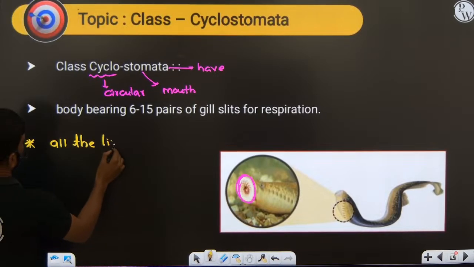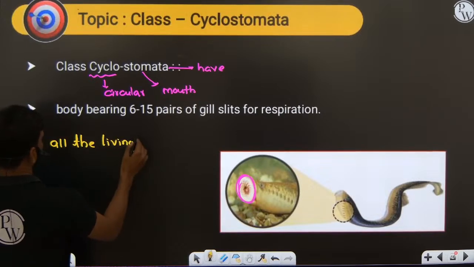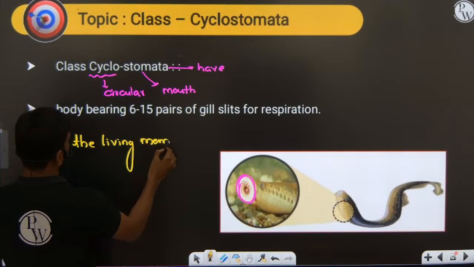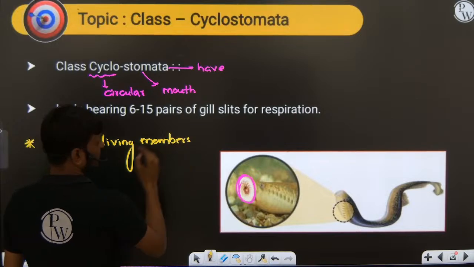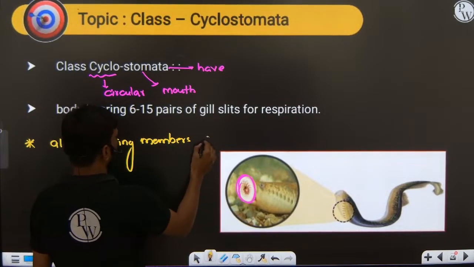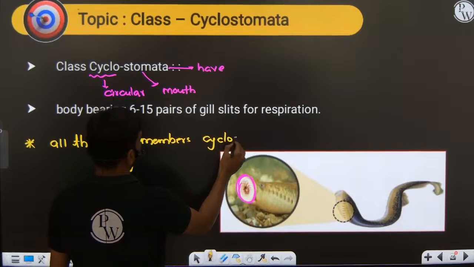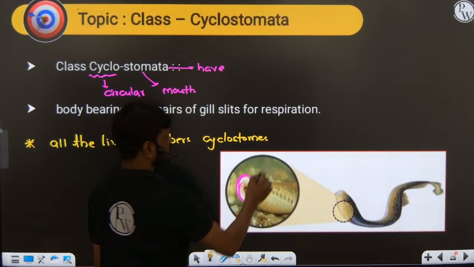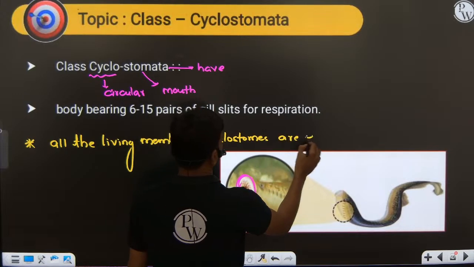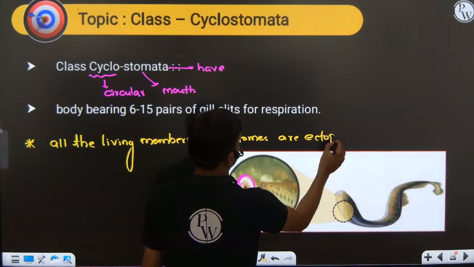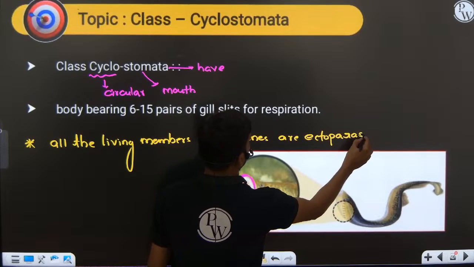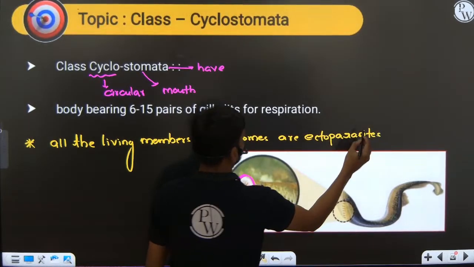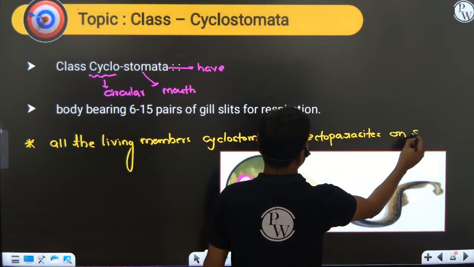All the living members of cyclostomes are ectoparasites on some fishes.